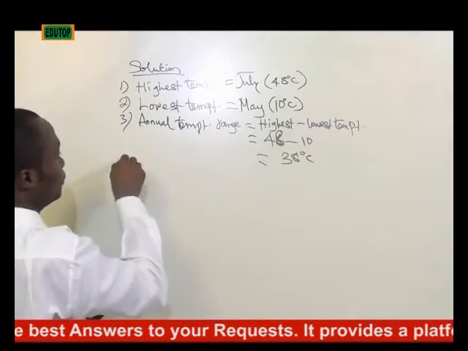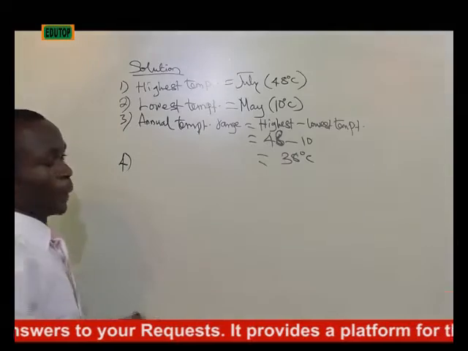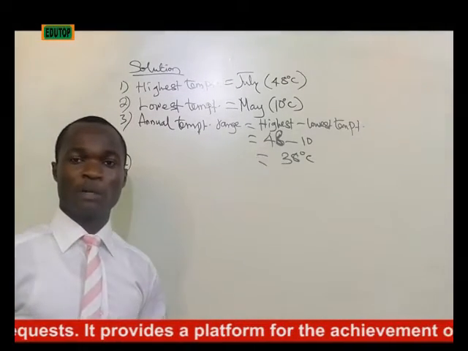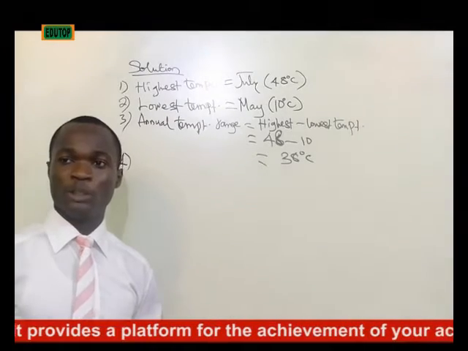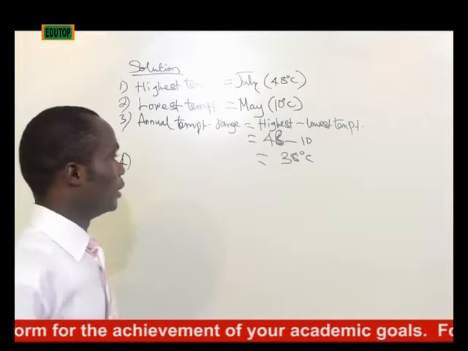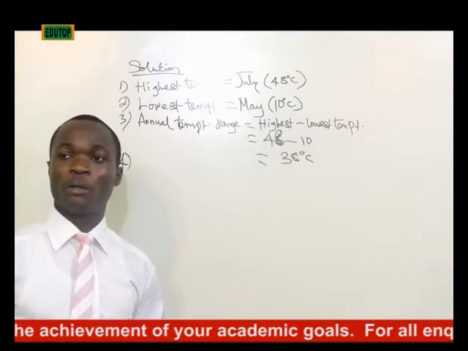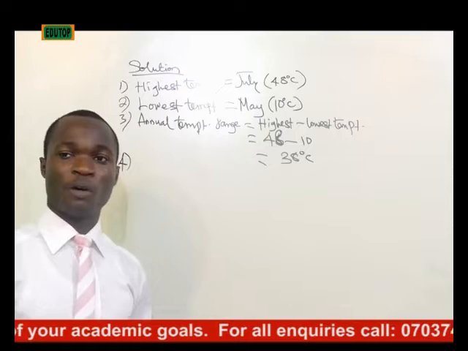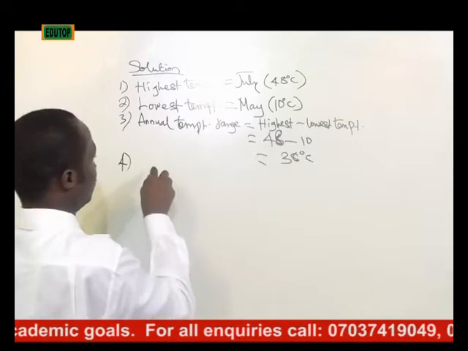Number 4. Annual temperature. Annual temperature is the total temperature from January to December. And if you put all of them together, you have 334 degrees Celsius.